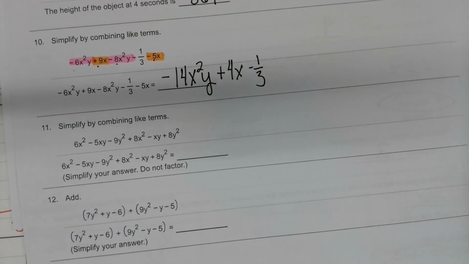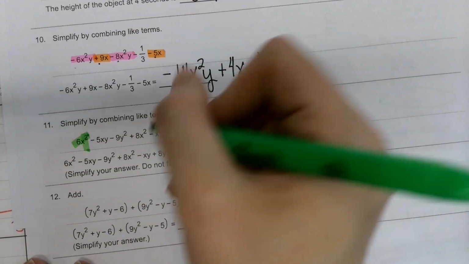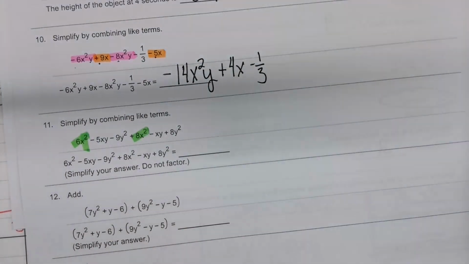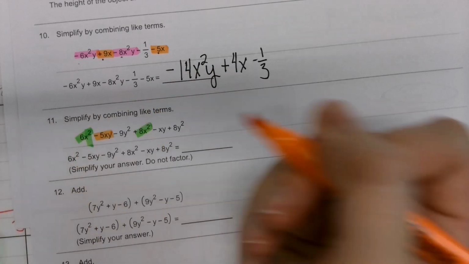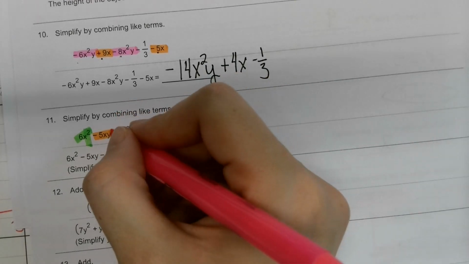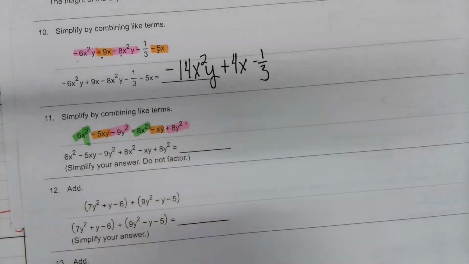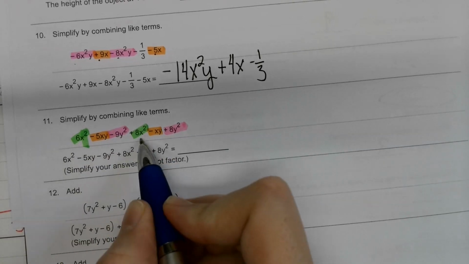So first thing I'm looking at is my x squares on this side. X squared here, x squared here, and that's it. xy, xy. And remember, whichever sign is in front of these is the sign you're going to use with that term. So I have 6x squared and 8x squared.